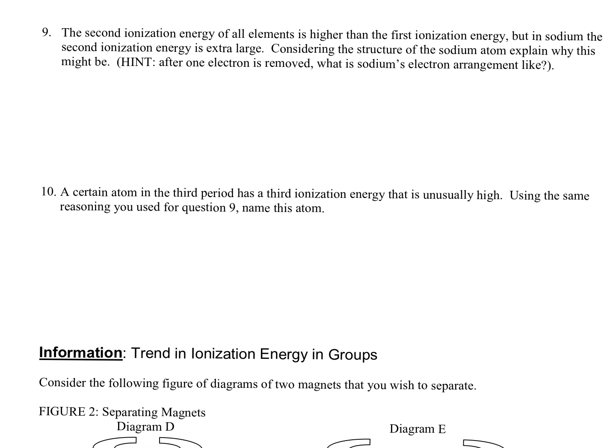Considering the structure of the sodium atom that we drew on the other page, explain why this might be. Hint, after one electron is removed, what is sodium's electron arrangement like? And so sodium, it had 2 in the first energy level and then 8 in the next one. So it's very similar to our noble gas. The noble gases do not like to give away their electrons.